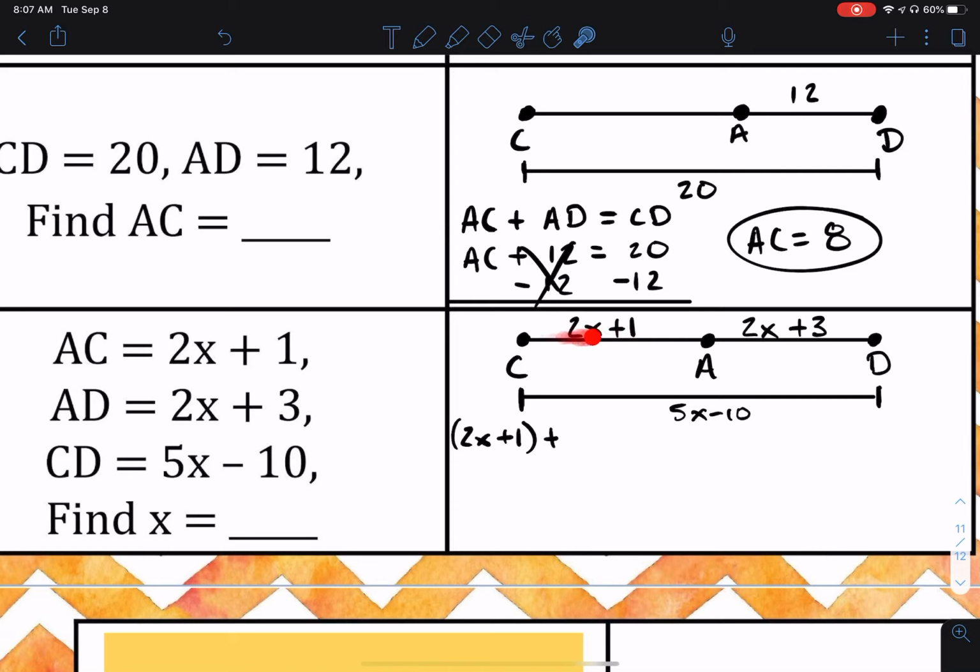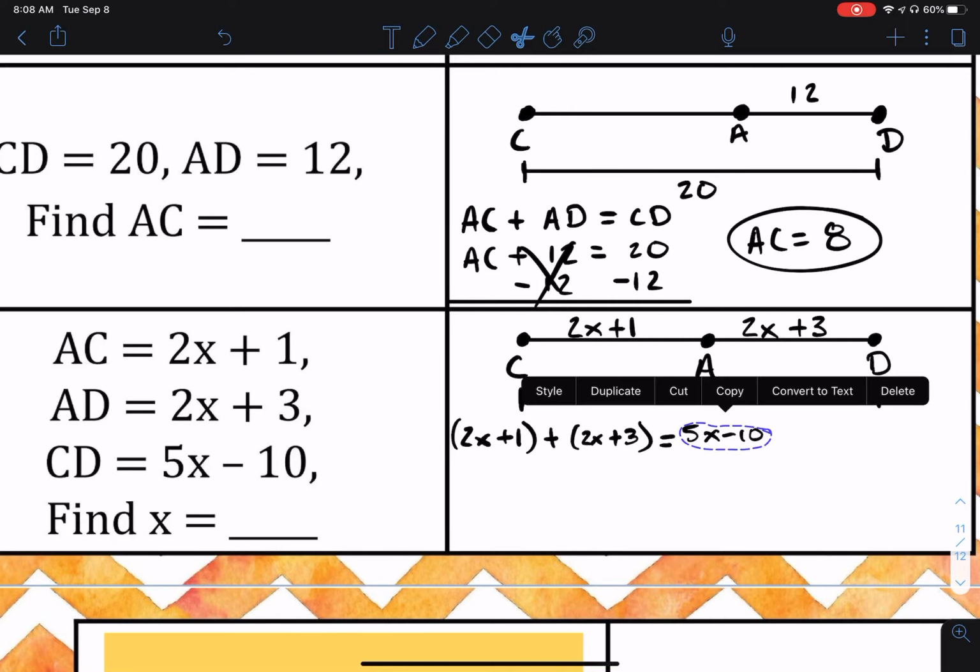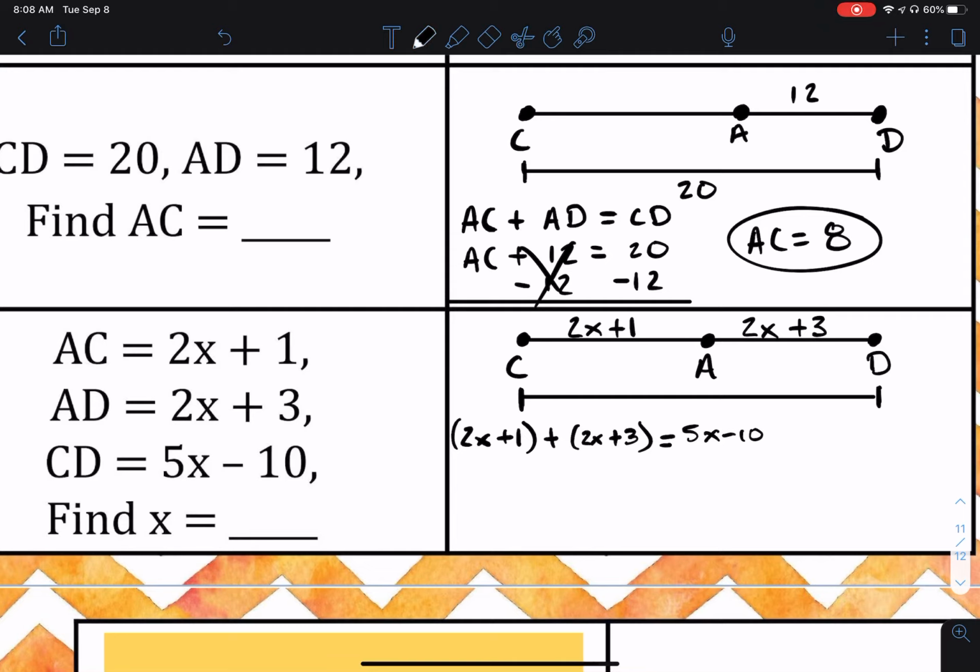So I wrote this one down, and then I'm going to add this guy to him. 2x plus 3. And he's going to equal total distance, 5x minus 10. So let's see if I can, I'll just scoot this down. That works. Okay, now let's solve.